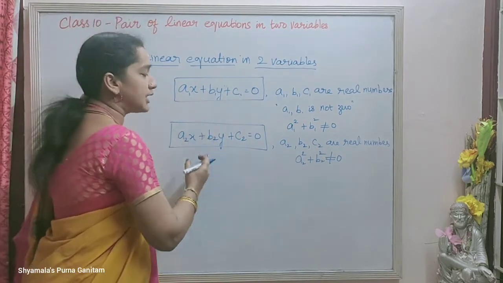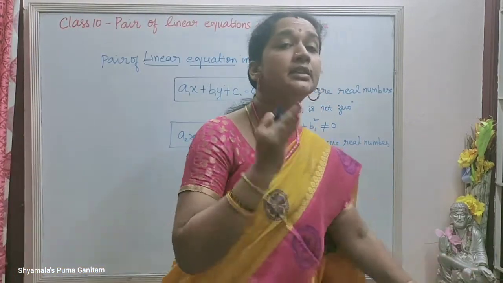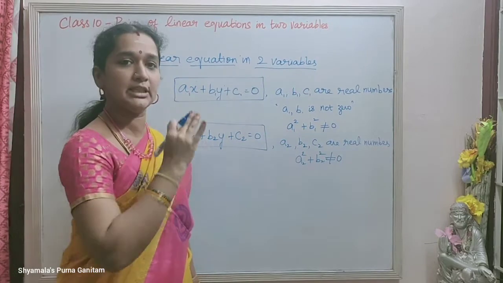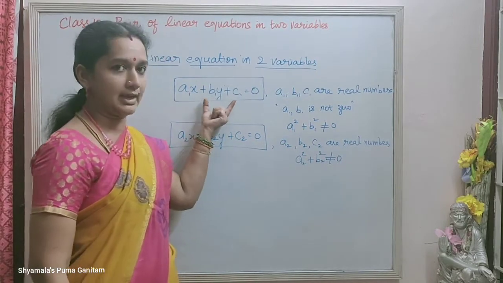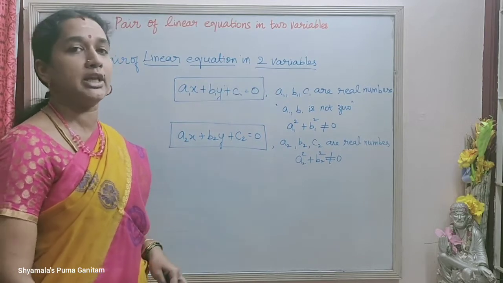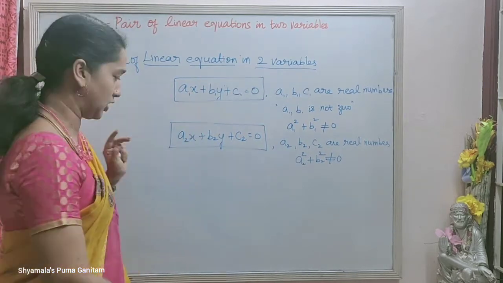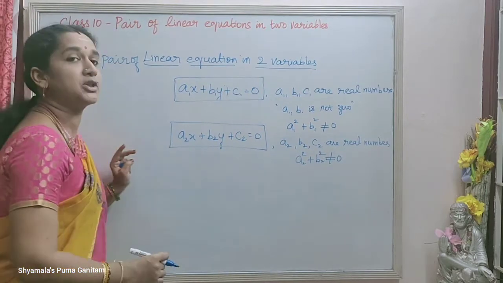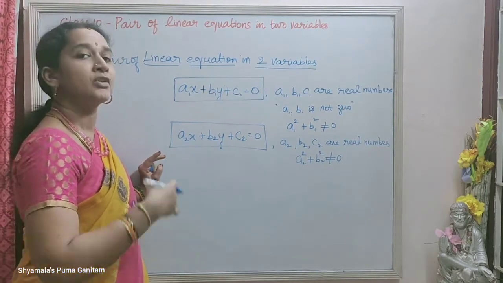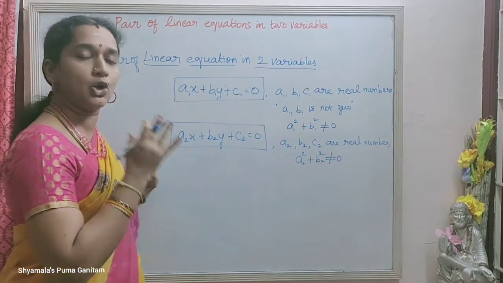Now, when we are considering two linear equations, for this one line we will get. For this linear equation, another line we will get. So there are three possibilities for a pair of linear equations.